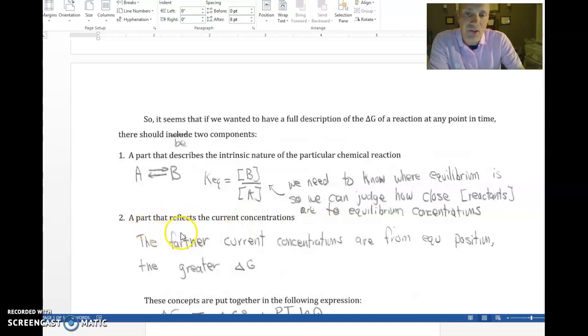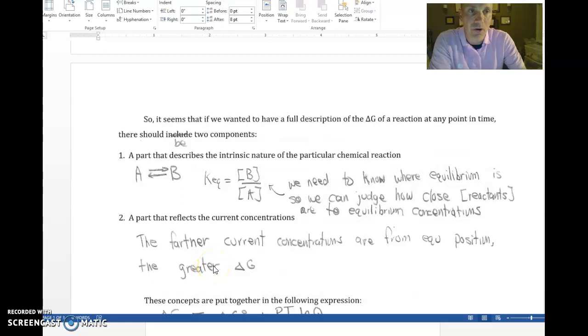But there's also something else we need to know, which is what the current concentrations are, because just knowing what the equilibrium position is going to be meaningless unless we know how far from that equilibrium position we currently are.